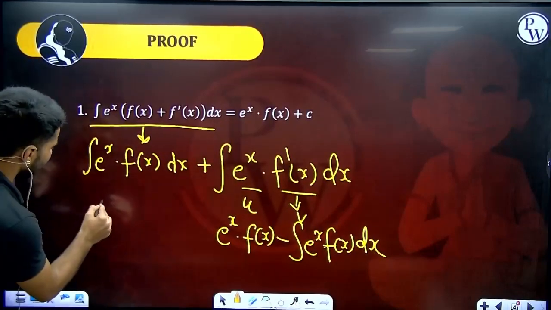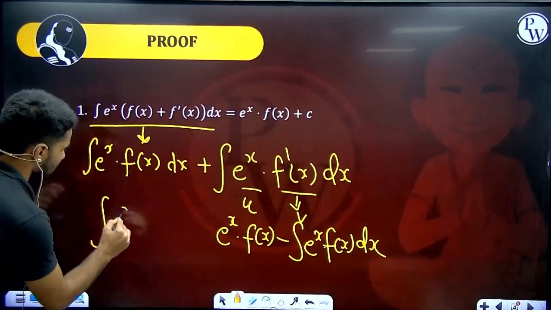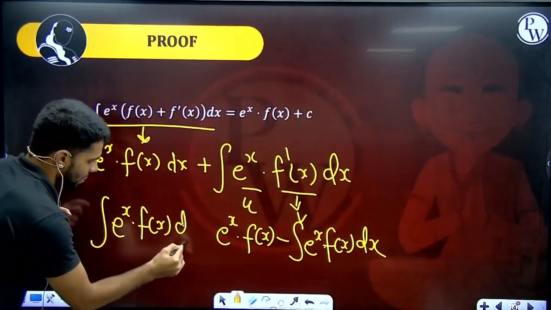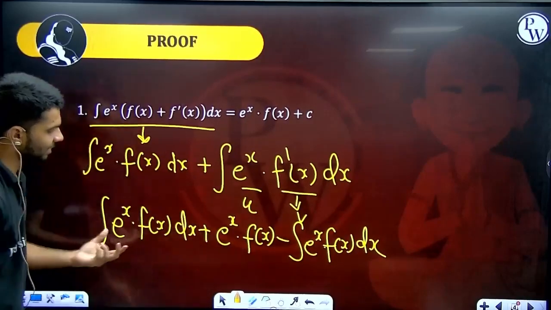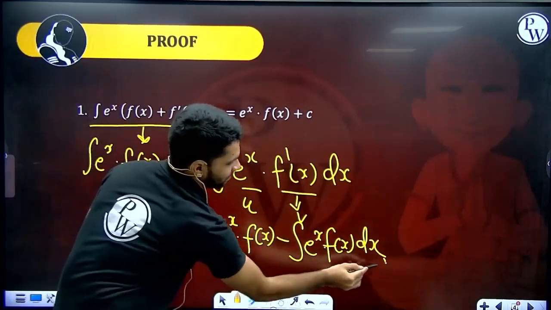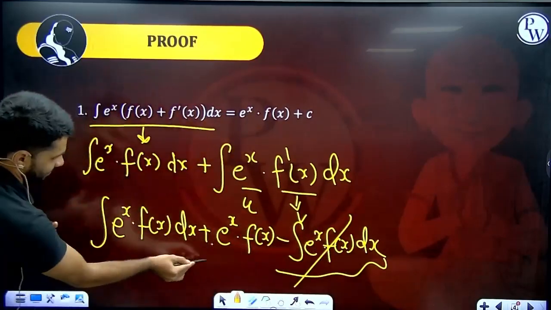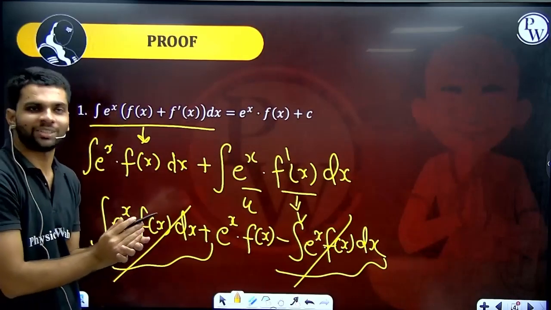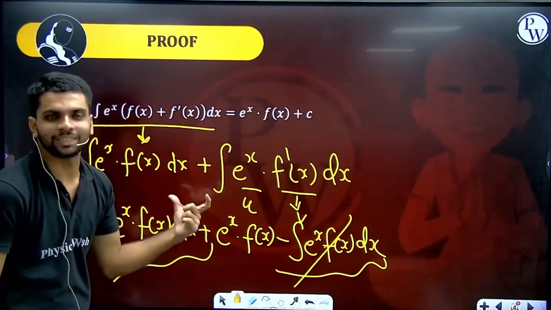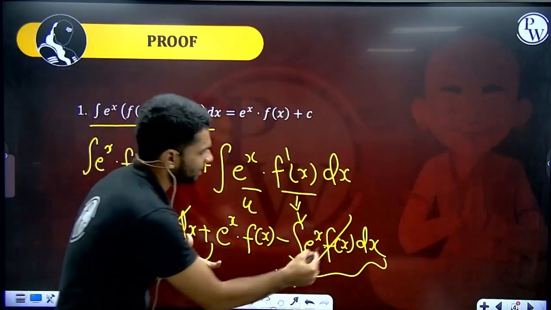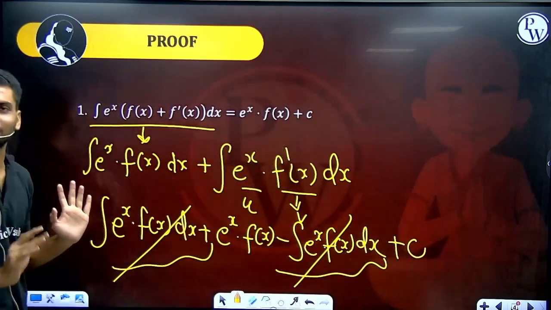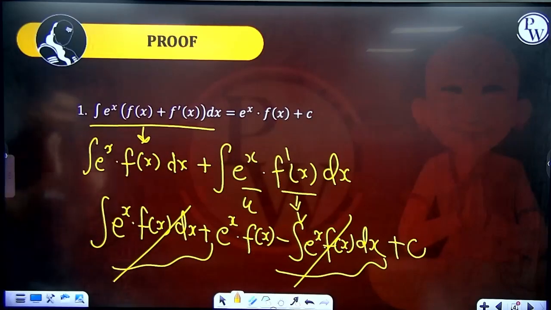Okay, now this was as it is. Now the magic. This has cancelled out each other. Okay. So what we are left with, just e to the power x f of x and plus constant of integration, obviously. So we have proved it. Okay.